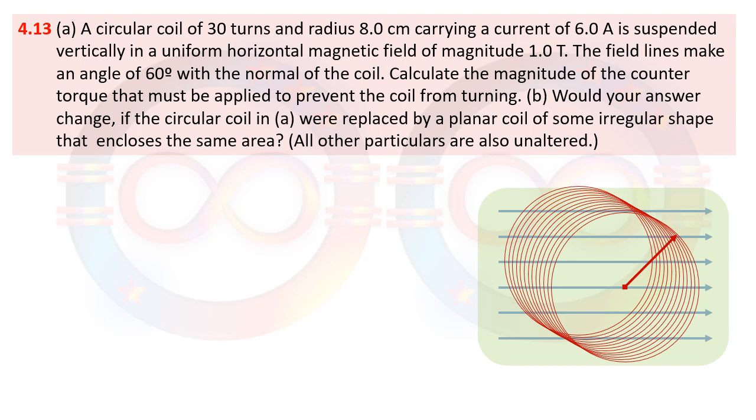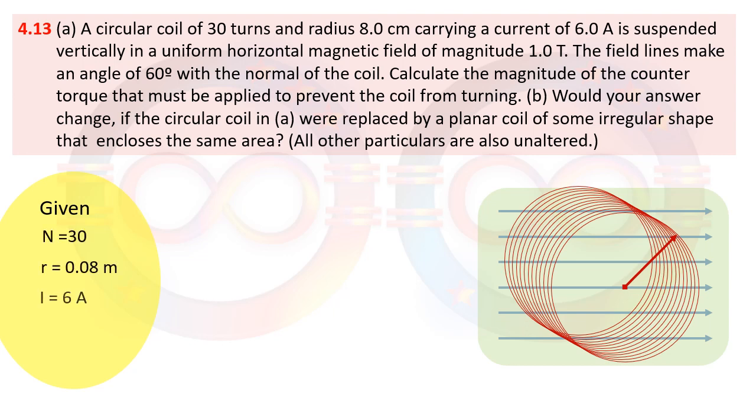The question is, calculate the magnitude of the counter torque that must be applied to prevent the coil from turning. We know that at equilibrium the counter torque applied by the field would be equal to the torque being experienced by the coil.